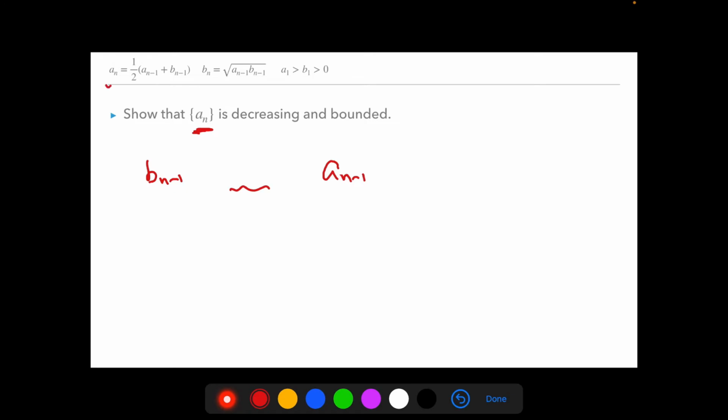And what is their average? The average is a sub n. And then, we also know that b sub n minus 1 is always less than a sub n minus 1. And this is what we showed in the previous slide.